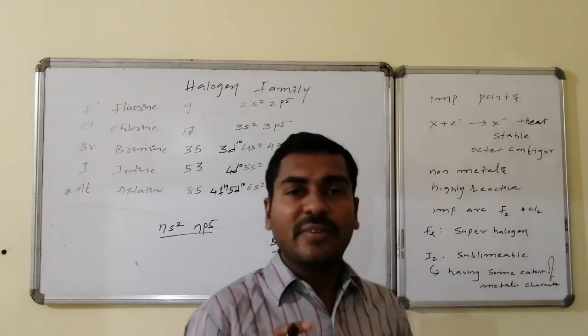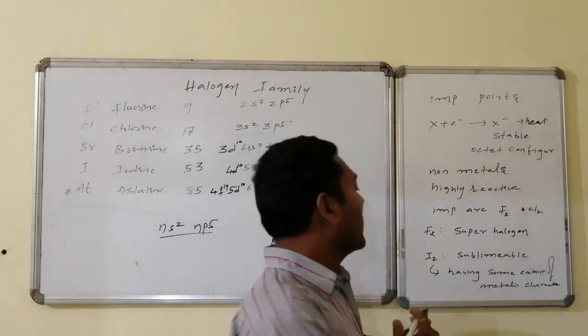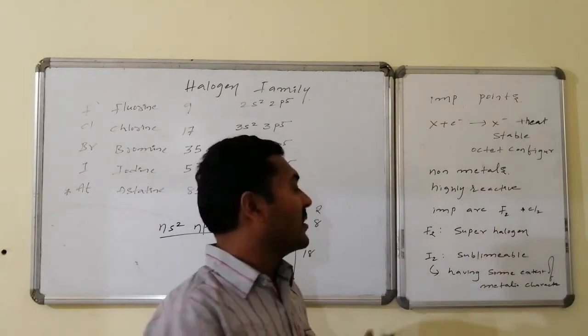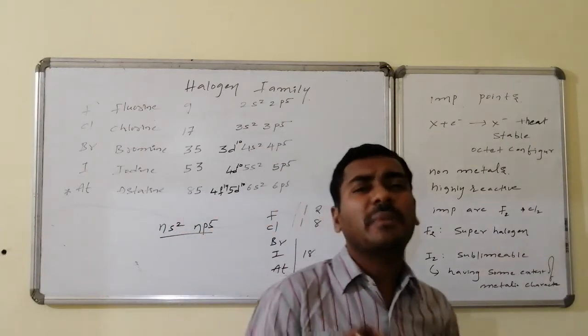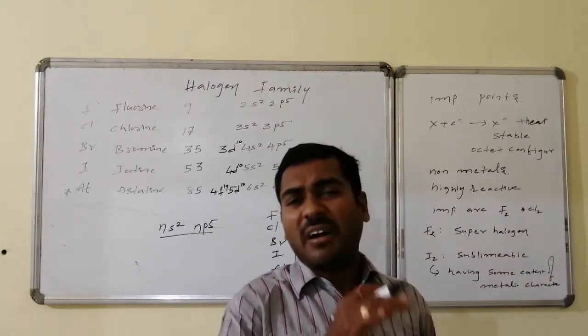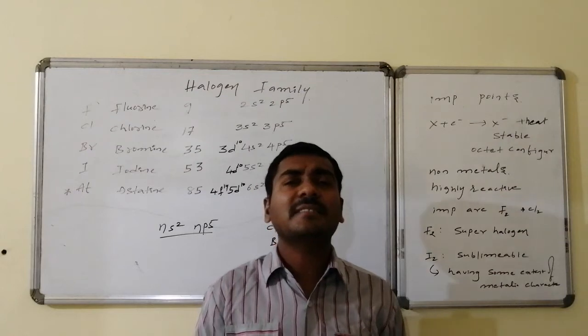Iodine is a sublimable halogen, existing with somewhat metallic character, but the remaining all are exclusively non-metals.